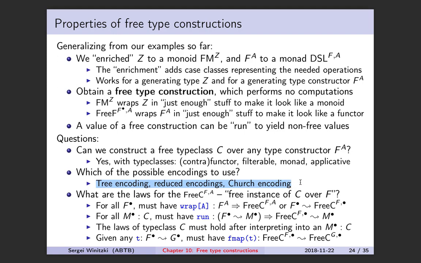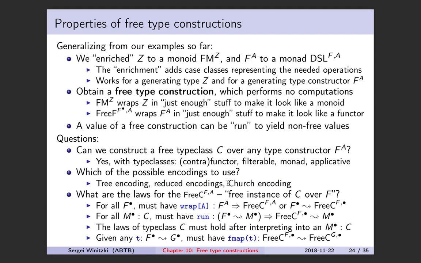Which encodings to use? This is an important question for performance. Some encodings perform better than others. These encodings are not the only ones available, but I don't want to go too far into other possible encodings.